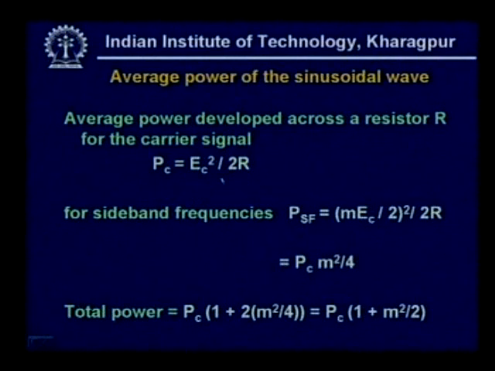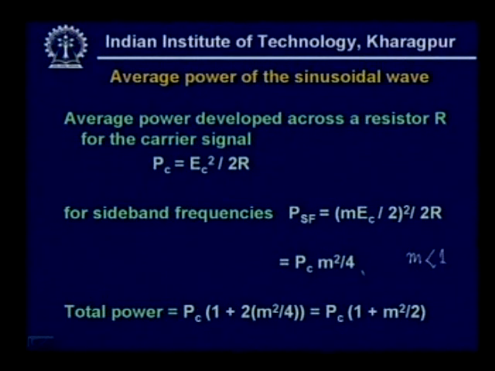Now, one very interesting observation from this is that maximum power is required for transmission of the carrier. We have seen in the previous diagram, you can see here it is Ec square by 2R, and depending on the modulation index, the sideband power, as you know, usually m is less than or equal to 1.